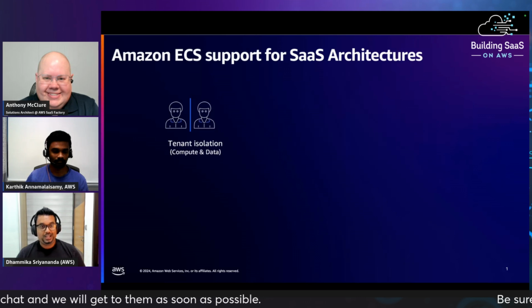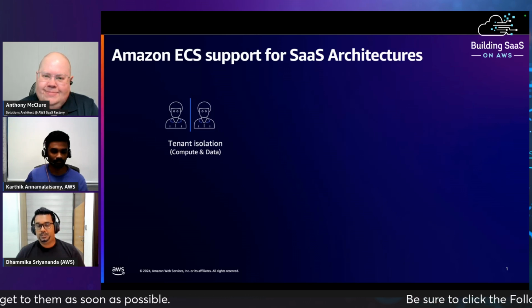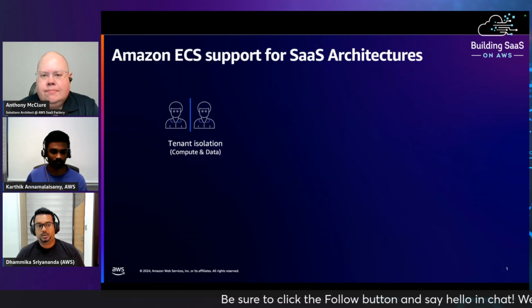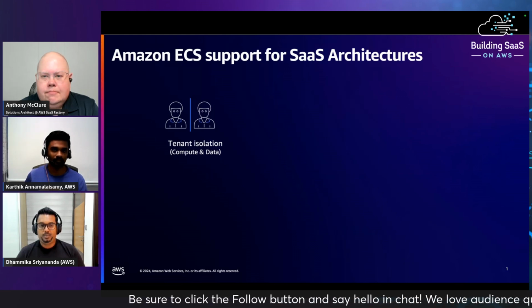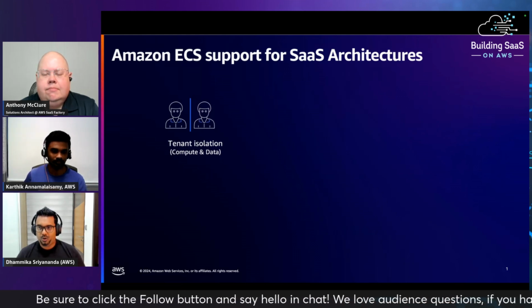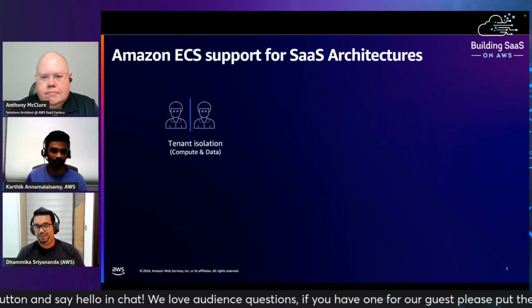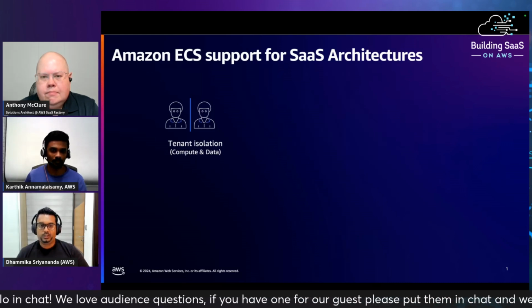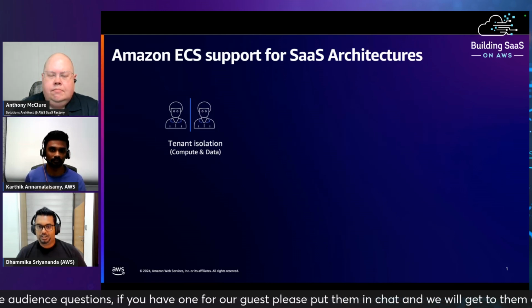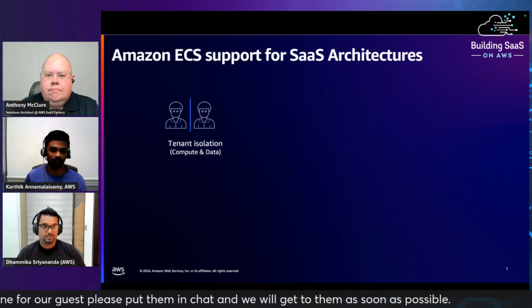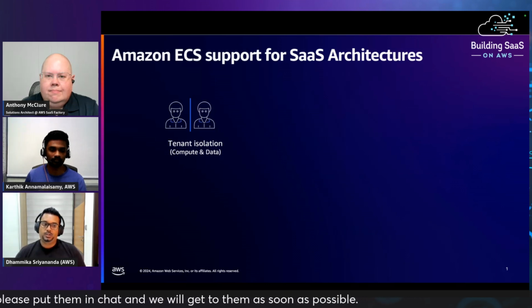Yeah, absolutely, and ECS supports a great native feature to implement the compute isolation using VPC security groups, which is a very strong firewall kind of support that provides us to control the network level traffic that is coming to the tenant boundaries, which is a very powerful feature to implement the tenant isolation at the compute layer.